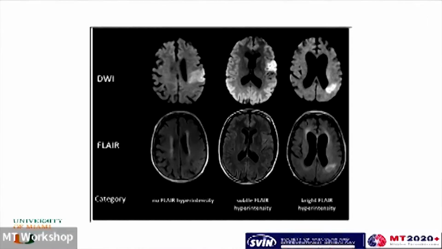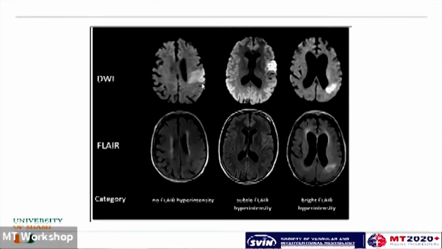Now, you can use MRIs to help you pick patients for mechanical thrombectomy. This is a patient with an area of diffusion restriction, showing you acute ischemic stroke in the left MCA territory. But as you can see, that has not yet arrived on FLAIR.